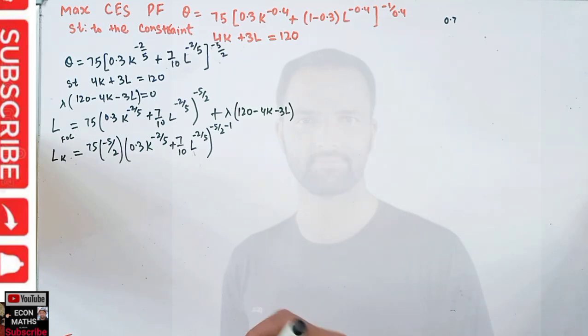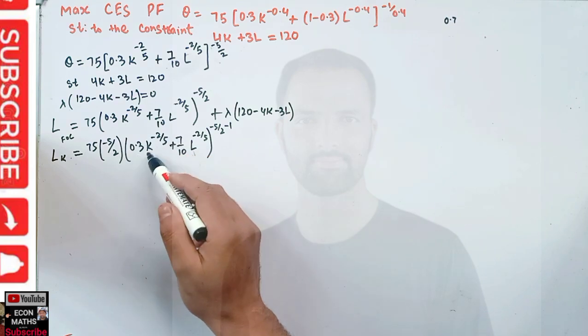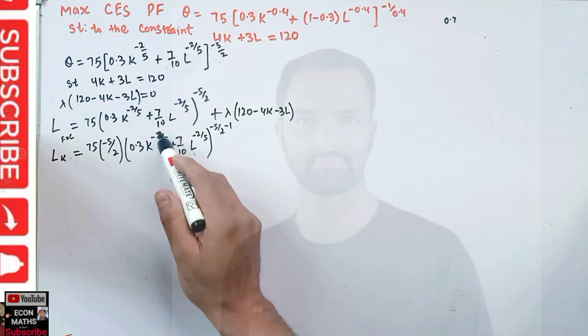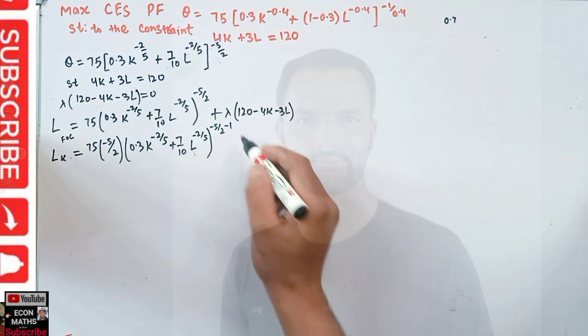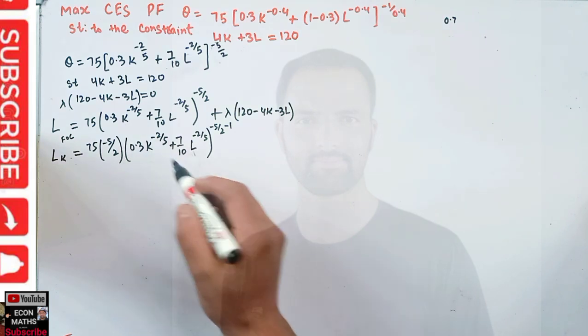Now this was the exponent part, and then we need to internally differentiate, so we are left with this very term. And again taking derivative of this term which is in the brackets. So what will be the derivative of this very term here?